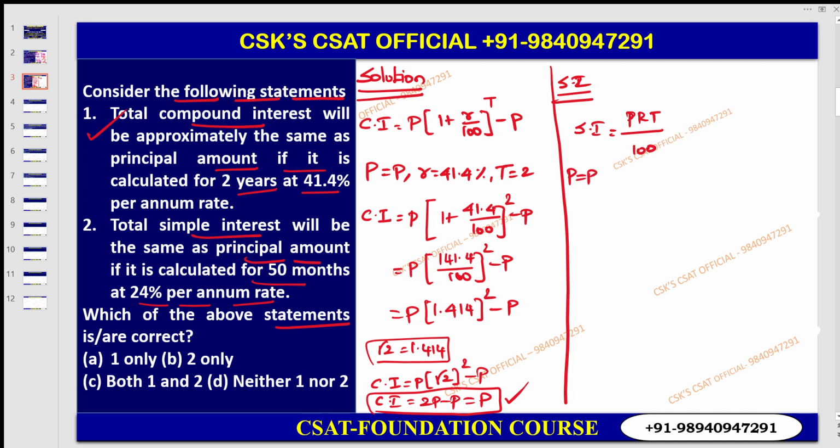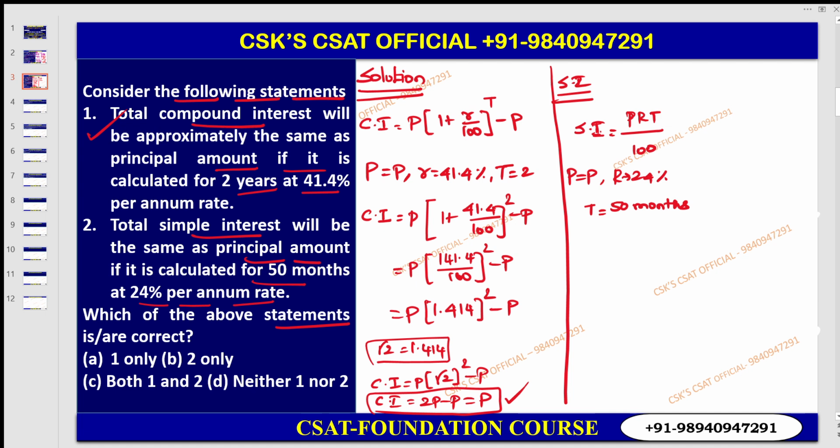Let us take the principal as P itself. Let us see whether we get the simple interest the same as the principal P. If it is the same, that statement is right. The rate is provided as 24%. Now here the time plays a vital role. 50 months is provided here, so you need to convert this in terms of years.